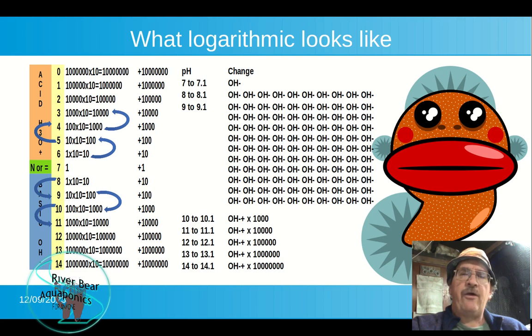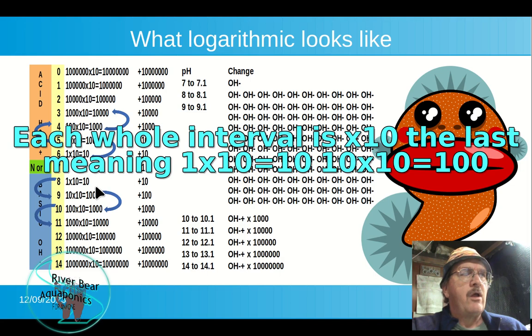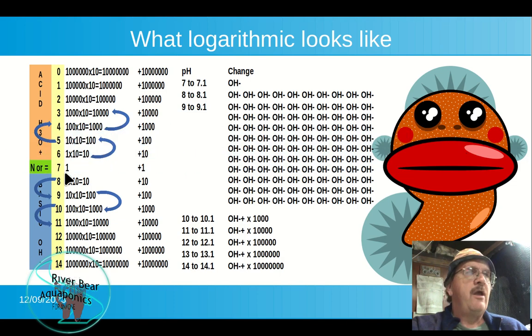So the pH scale is a logarithmic scale. Each interval changes times 10 of the previous interval. So what does that mean exactly? We take a look here. Every change between 7, which is neutral, and 8 changes by 1 unit.